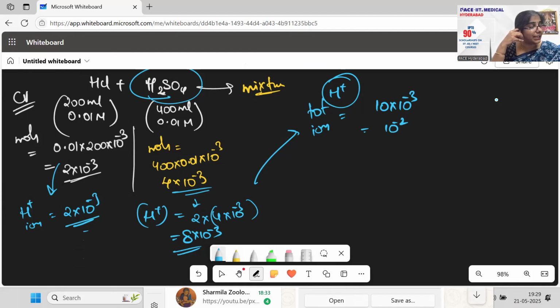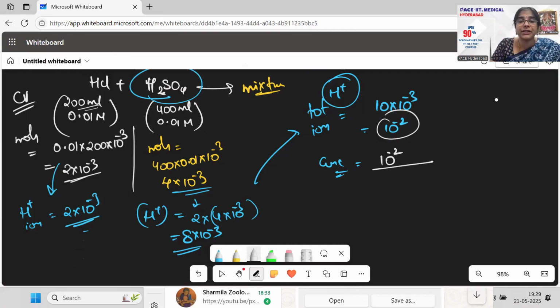All right. And then how much is this concentration also. Concentration is what we want. Concentration is moles by volume. 10 to the power minus 2 is your moles. By volume is how much? 200 ml plus 400 ml, which is my 600 ml. 600 ml matlab 600 by 1000. I would say concentration is nothing but my molarity. Molarity is moles by volume.